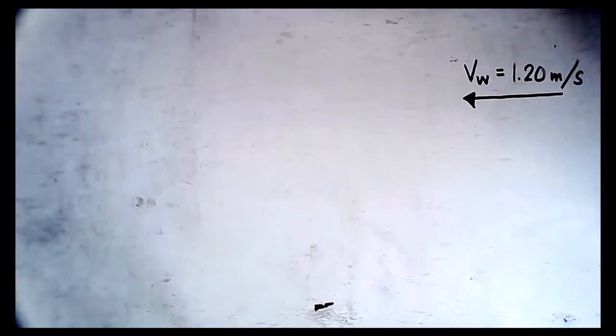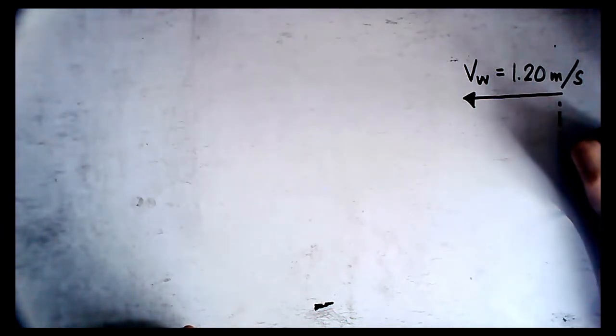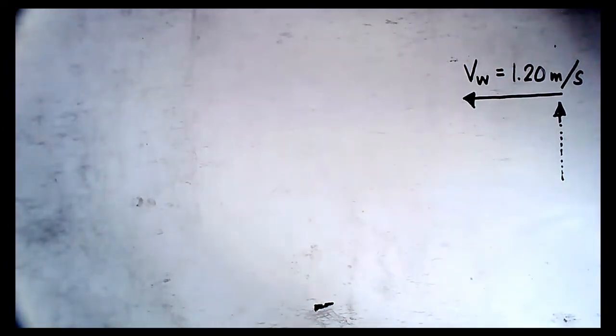And we have a boat which is heading directly across the stream. So that means the boat's direction can be represented using this arrow.